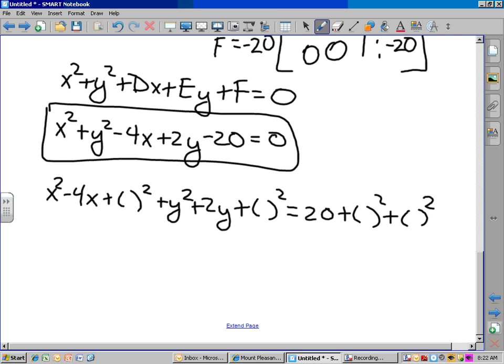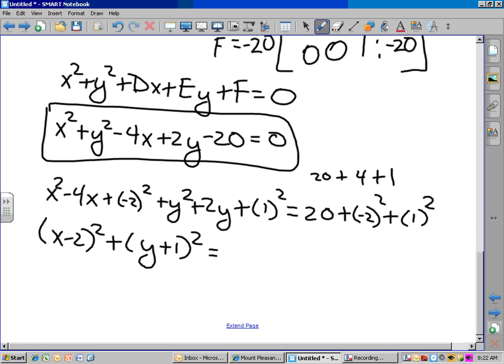What number goes in the first quantity squared? Beautiful, negative 2. What goes in the second one? 1. What goes over here? 1. Great. So I got x minus 2 squared, y plus 1 squared, and on the right, I have 20 plus 4 plus 1. Looks like 25. I have standard form. That wasn't too bad, was it?